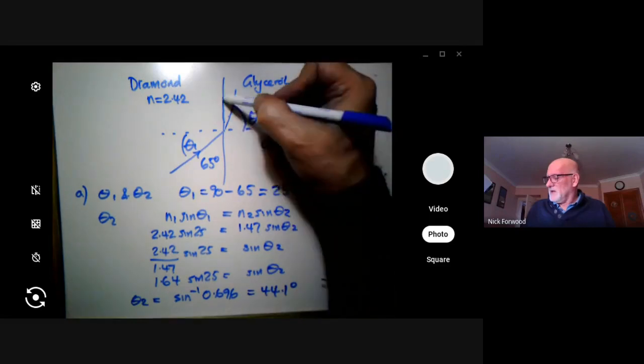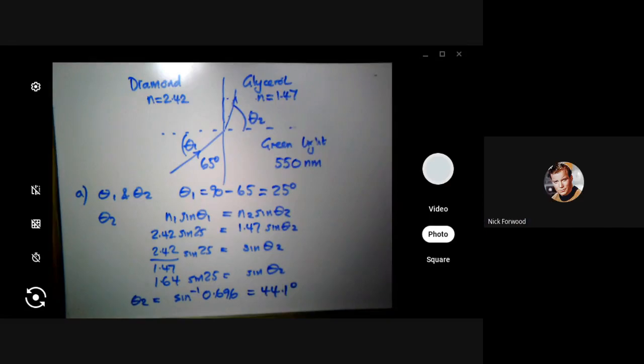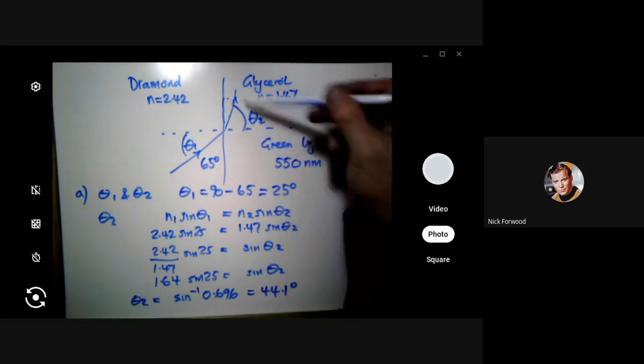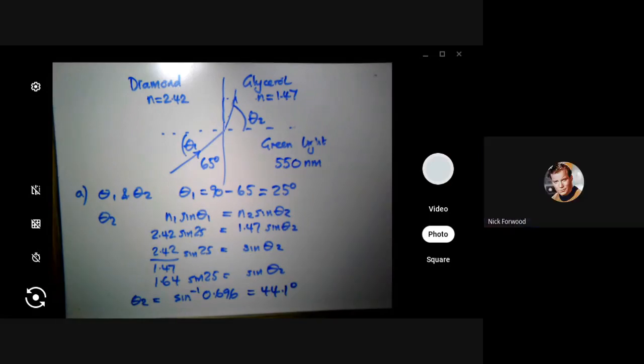If I wanted that angle, which I had on my original diagram and shouldn't have called theta 2, I could have called it X, for instance, then you would just take 44.1 away from 90 degrees. So I'm sorry, I've made a couple of mistakes there. And if you were awake enough, you might well have spotted what was going on.